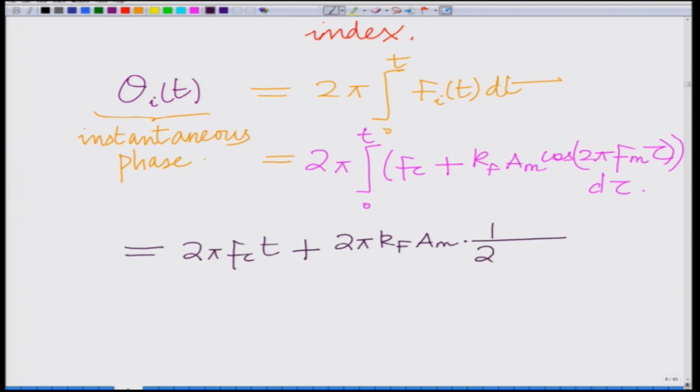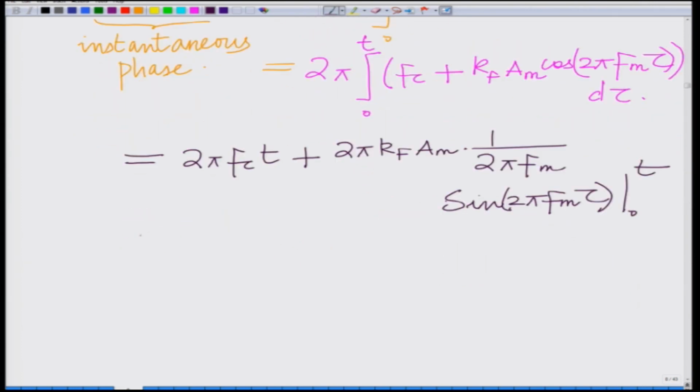that is, 1 over 2 pi fm times the integral of cosine 2 pi fm tau, which is sine 2 pi fm tau evaluated between the limits 0 to t. And therefore, now you can see we have this 2 pi factor cancelling.